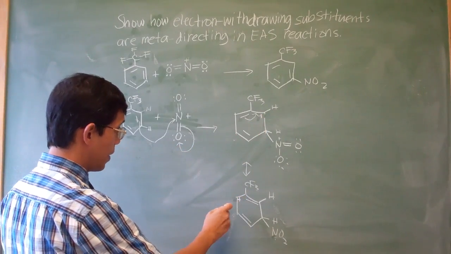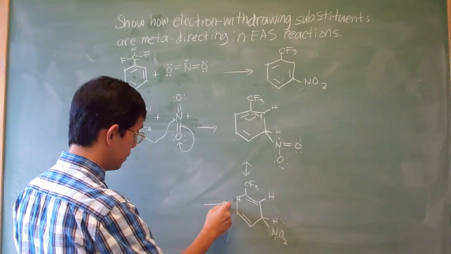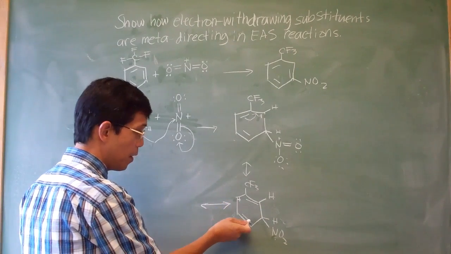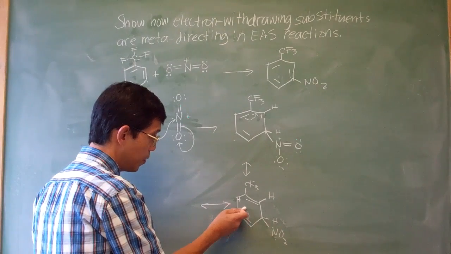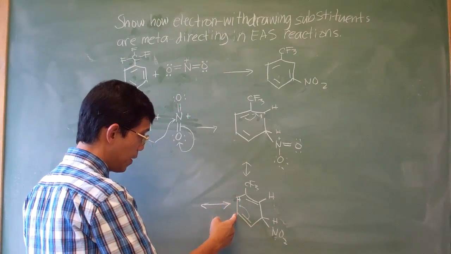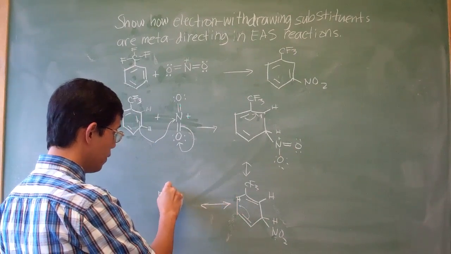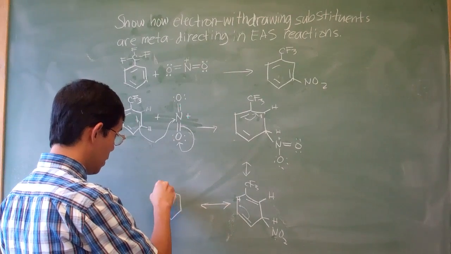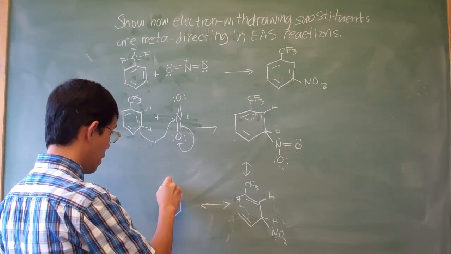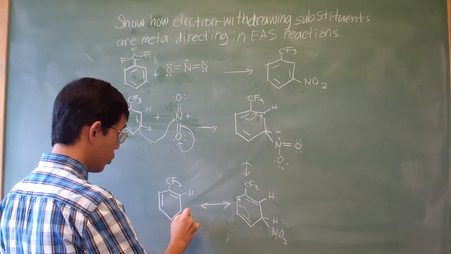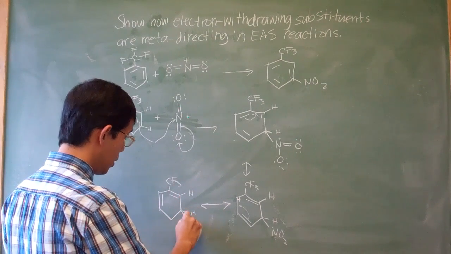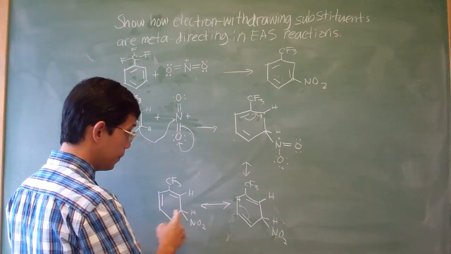Another resonance form is this. So this bond is going to help out. It's going to move from there to between that carbon and that carbon, and you form this. You have a CF3 there, H, and NO2.